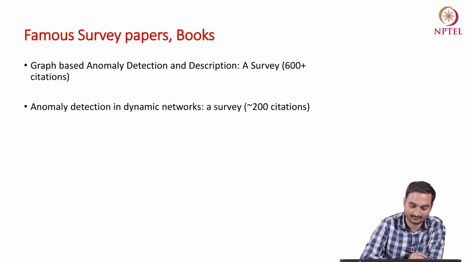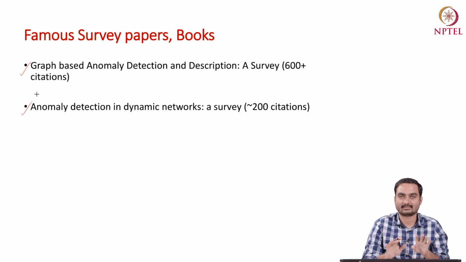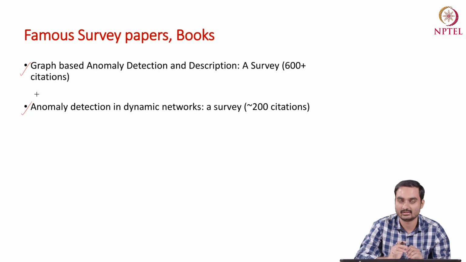To begin with, these are the two survey papers which we are going to follow, and these are heavily cited survey papers on graph anomaly detection. You may want to look at these survey papers appropriately. Today's slides are based on these two survey papers.